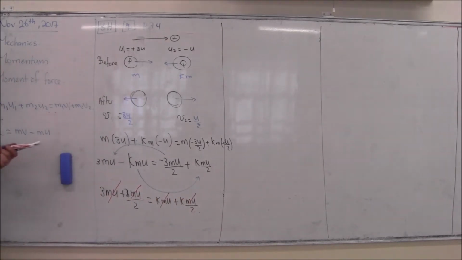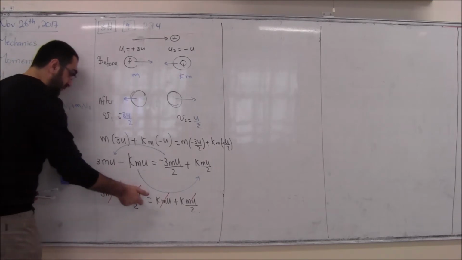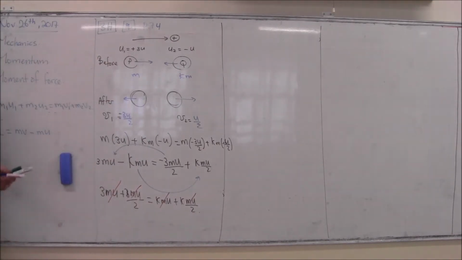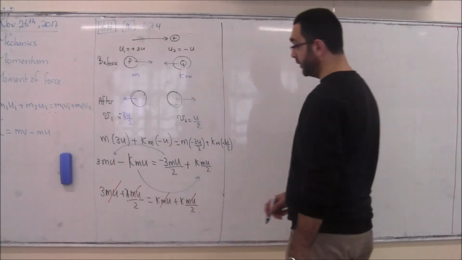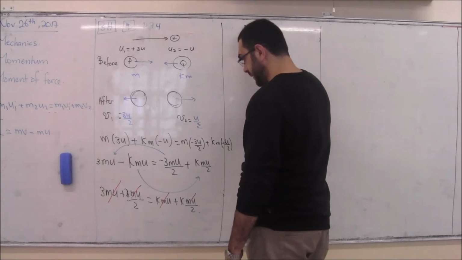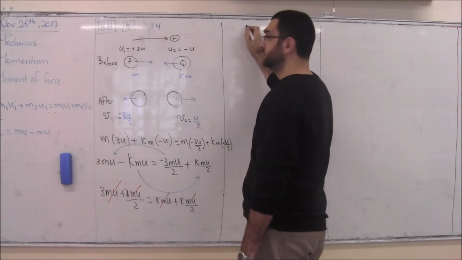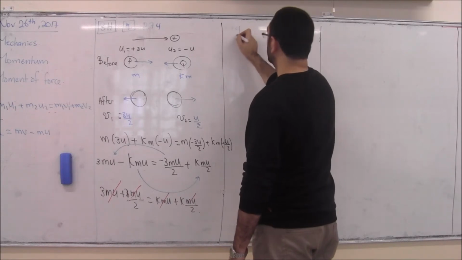It must be in all terms, not only on both sides, to do the cancellation. Left hand side, look here: MU in this term, in this term, in this term. So eventually we will have 3 plus 3 over 2, which gives 9 over 2.